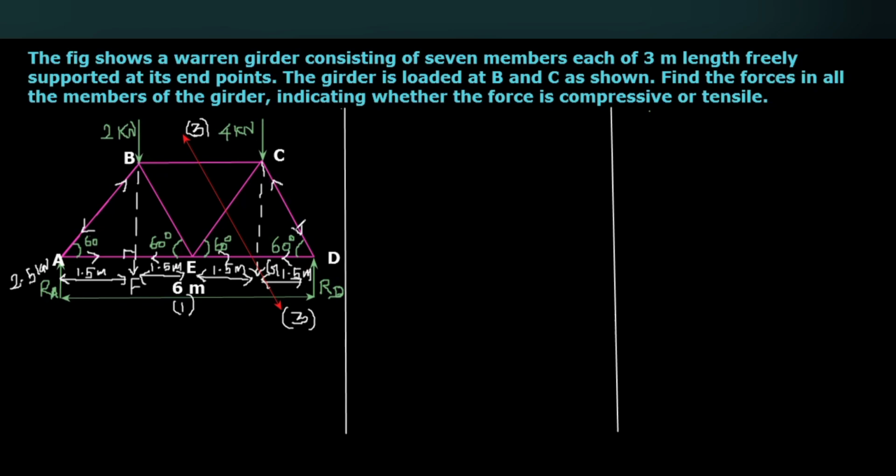The point loads present in the considered portion, we have to consider. The forces in the members which are cut by the section line, those forces we have to consider. The forces in a member which is not cut by the section line, the whole member, we don't want to consider. So the considered portion is the right side portion.